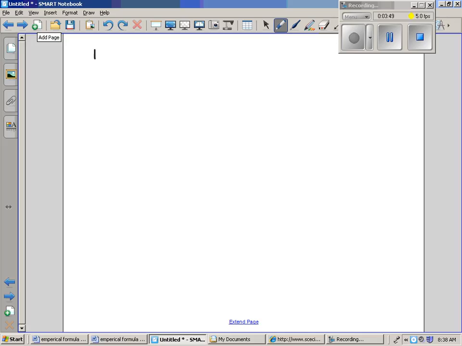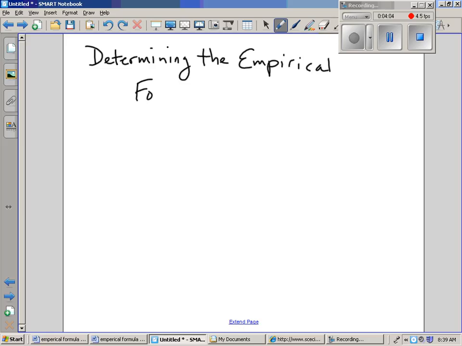We want to determine the empirical formula of a compound or molecule. That's what we're going to be doing.